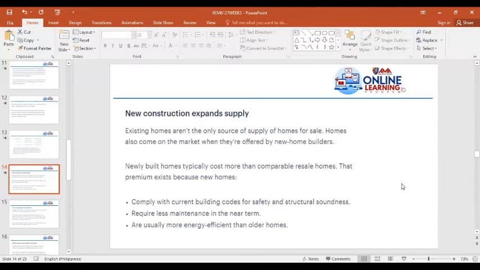That premium exists because new homes comply with the current building codes for safety and structural soundness, require less maintenance in the near term, and are also usually more energy efficient than older homes.